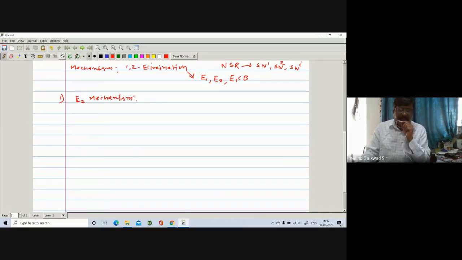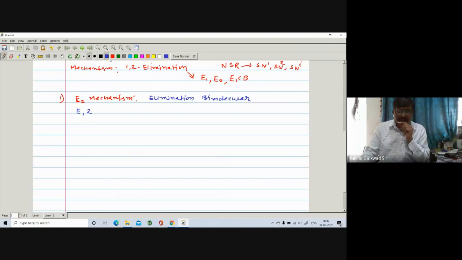In E2 mechanism, E stands for elimination, and 2 for bimolecular. So E2 means elimination bimolecular reaction.